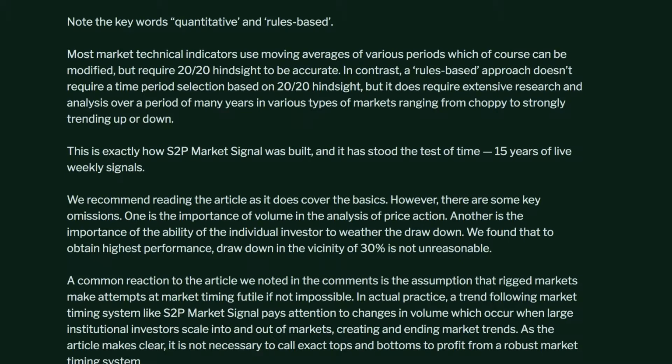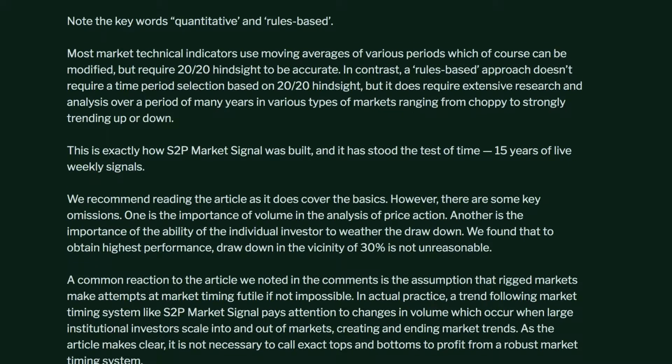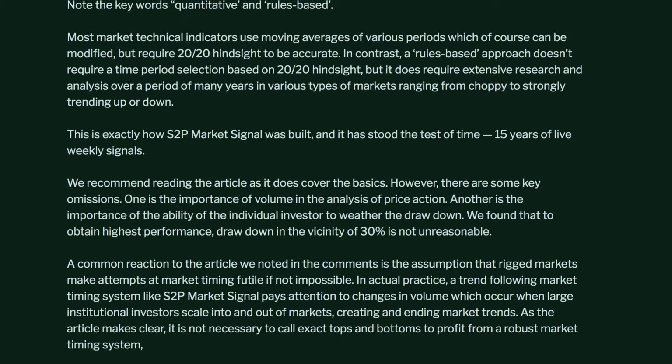In contrast, a rules-based approach doesn't require a time period selection based on 20/20 hindsight, but it does require extensive research and analysis over a period of many years in various types of markets, ranging from choppy to strongly trending up or down. This is exactly how S2P market signal was built, and it has stood the test of time. 15 years of live weekly signals.